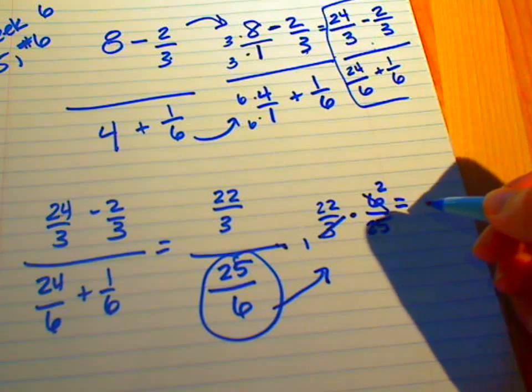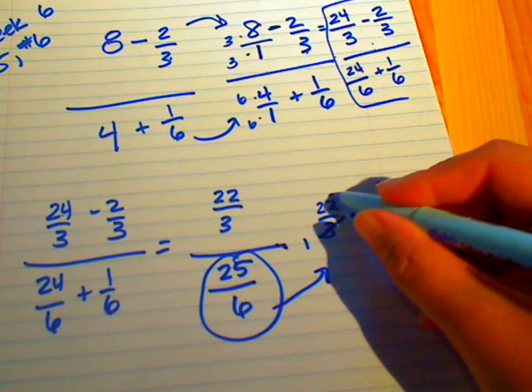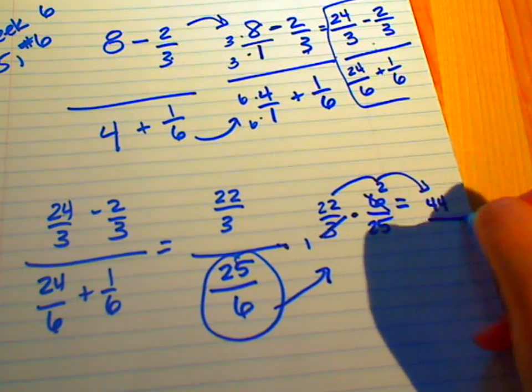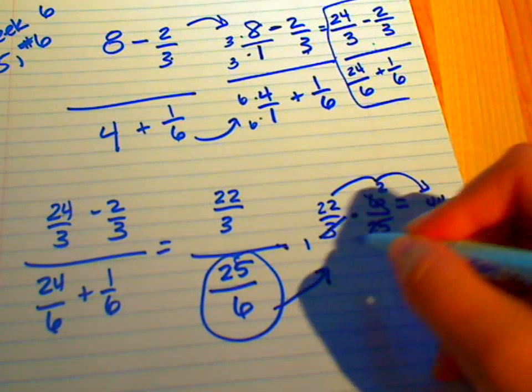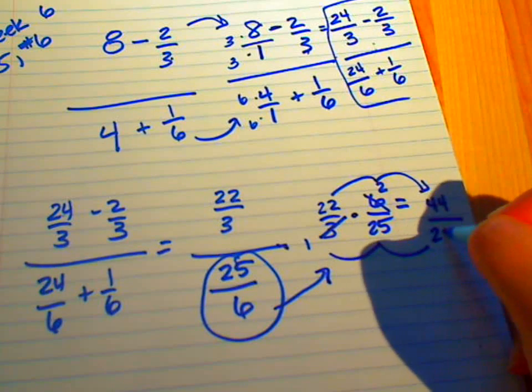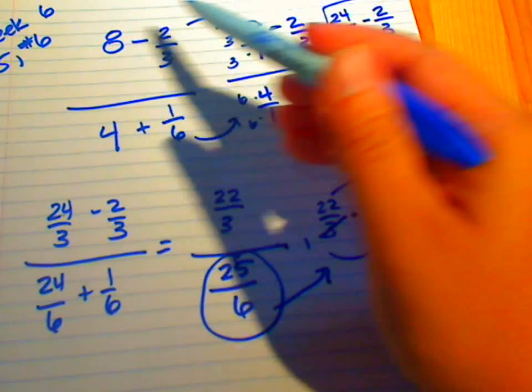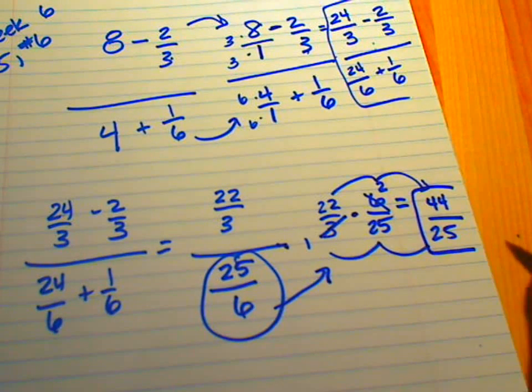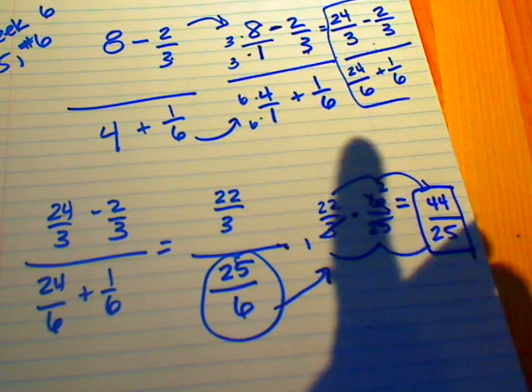So I just reduced that, and now all I have to do is multiply. 22 times 2 gives me 44. And then 1 times 25 gives me 25. So my fraction for all this stuff is just the fraction of 44 over 25, and that's all you have to do.